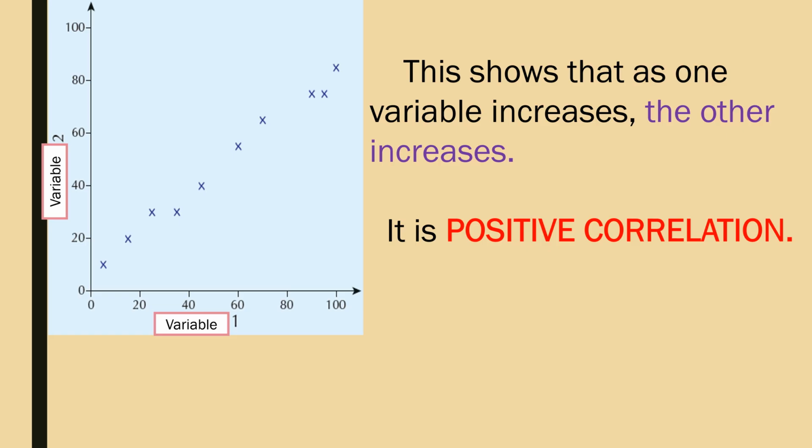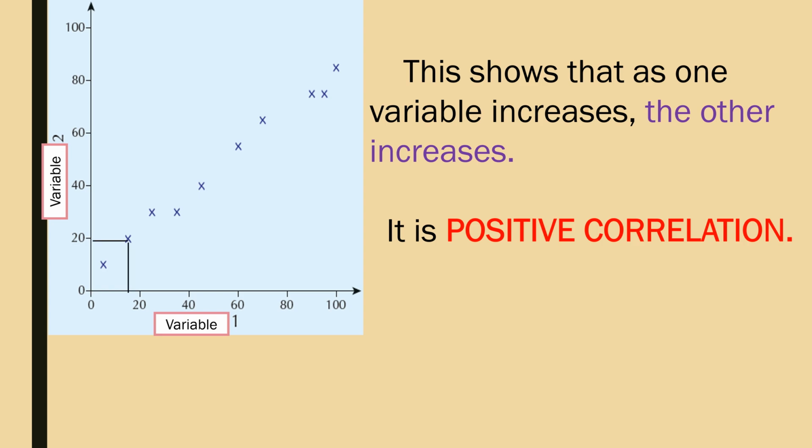Okay? So here's another example, a scatter graph that shows the relationship between two variables. As you can see, the trend is increasing from the bottom left to the top right. So it is positive correlation. Also, we might decide to take 2 points.